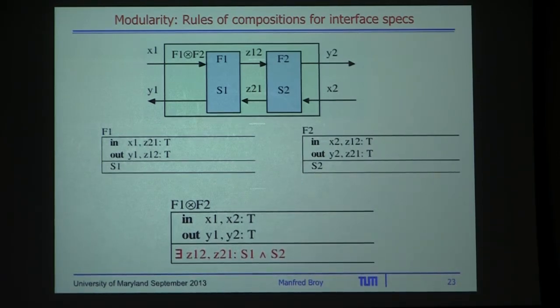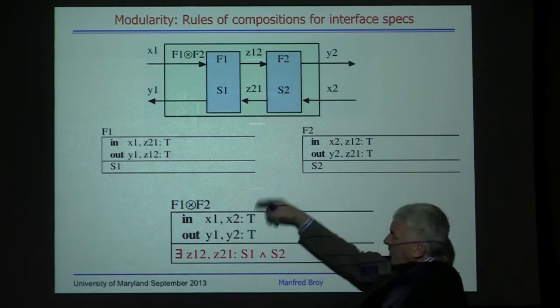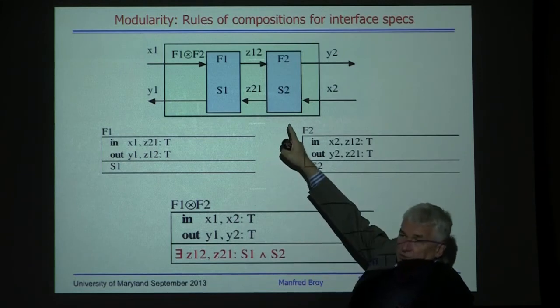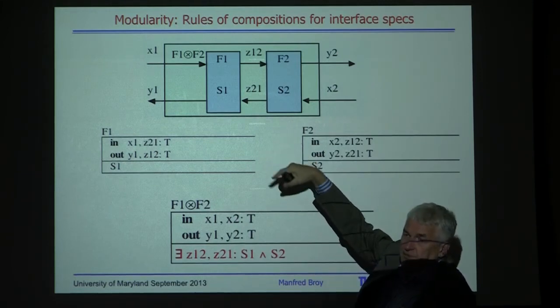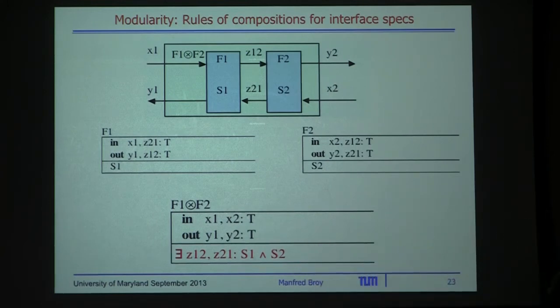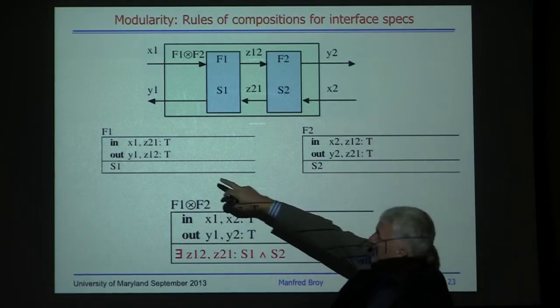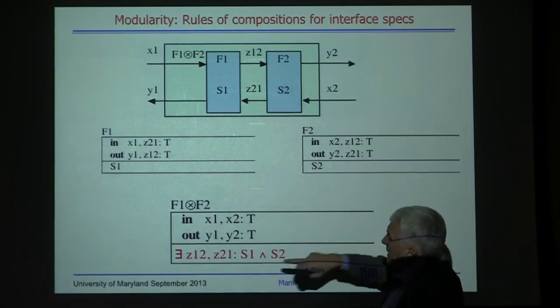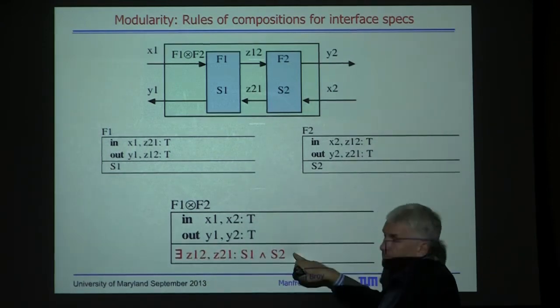Remember, I had required strong causality. Strong causality is the key here, because if you have strong causality, you can prove that this formula reflects exactly what's operationally going on. So if you have an operational description of the components by, say, state machines, and you put the state machines together that way, and if the two state machines have the properties S1 and S2, then we get this property for the composed system.